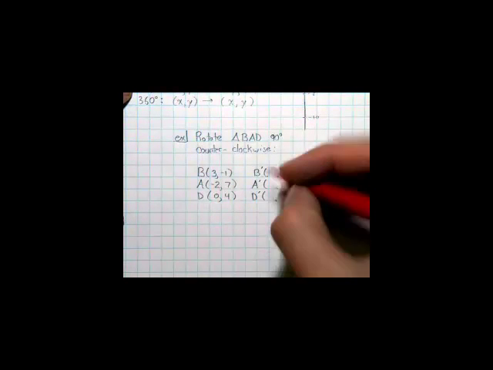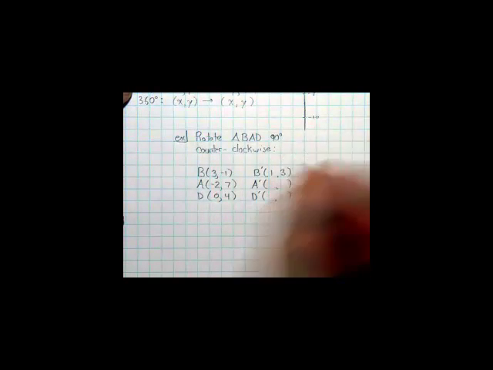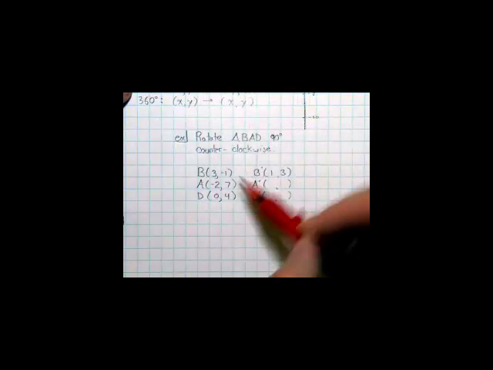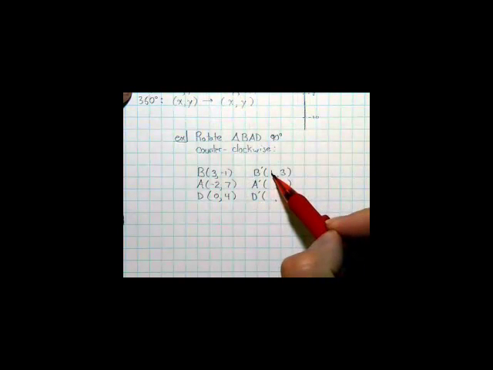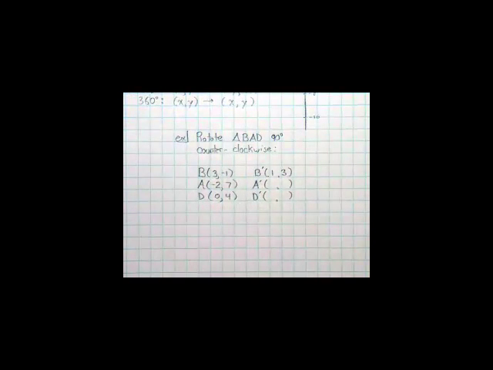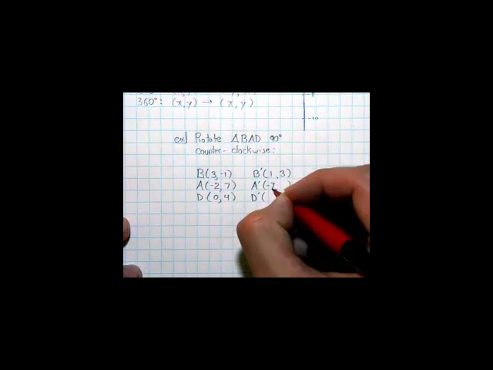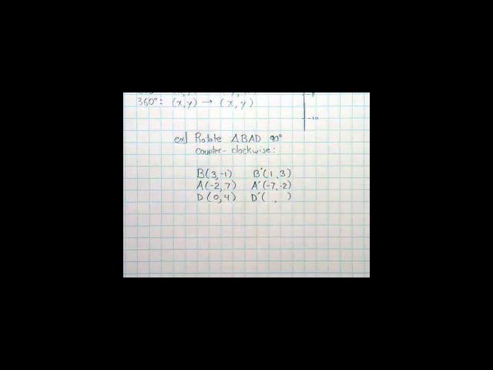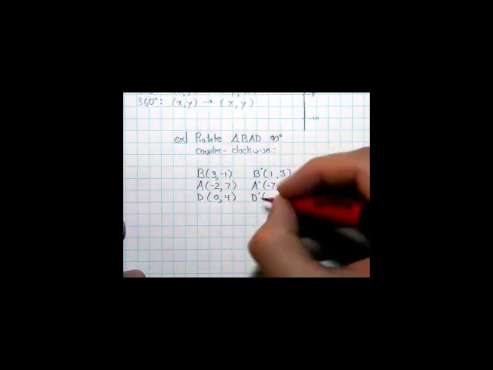Yep. Right, so the y swaps with x, and then the x becomes y. Okay, so we're going to keep following that same pattern. Devin, can you give us a second one? Negative 7, negative 2. Good. Somebody else who has not answered anything yet today. There he is. Negative 4, 0. Yep.